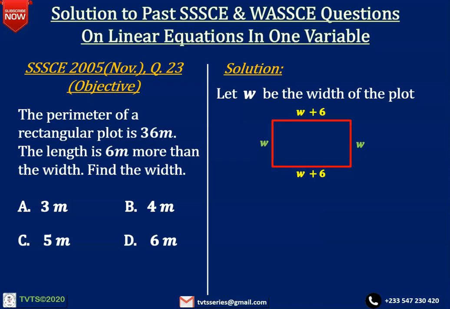Thus, the perimeter P is W plus W, which is 2W, plus 6, which is 12, plus W plus W, which is 2W. W plus 2W is 4W. So we have the perimeter to be 4W plus 12.